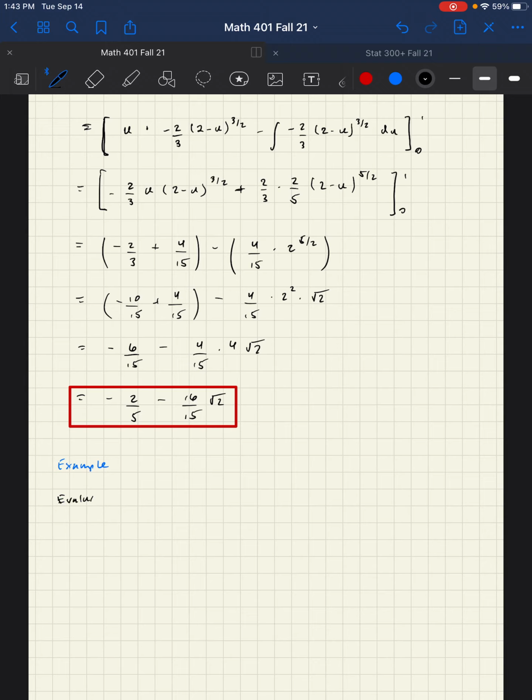Let's evaluate the integral of e to the 2x over 1 plus e to the x dx. This one has a similar flavor to what we did in a previous problem.